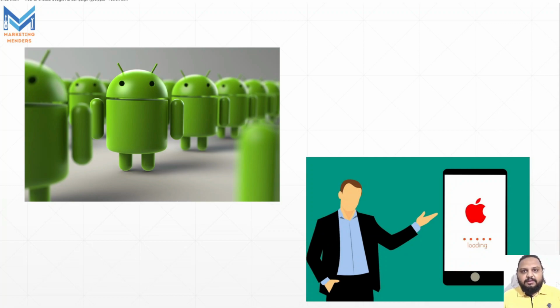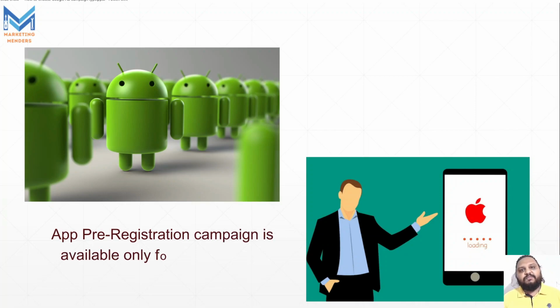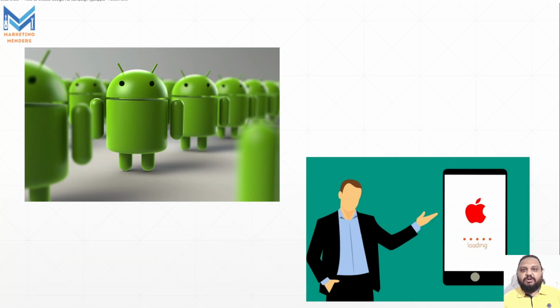For Android, your app install campaign, your app engagement campaign, and your app pre-registration campaign will be separate. For the Apple Play Store, your app install and your app engagement campaign will be separate. Another point to be noted here is, the app pre-registration campaign is only available for Android devices. It cannot be run on the Apple Play Store.